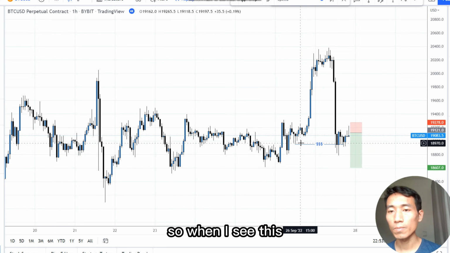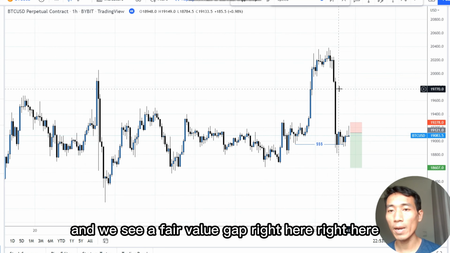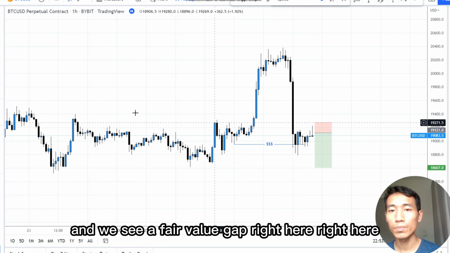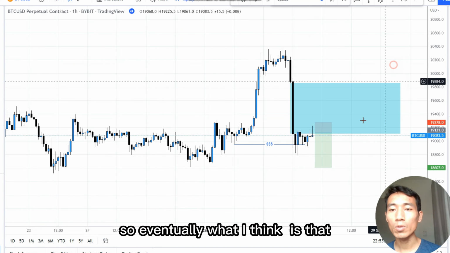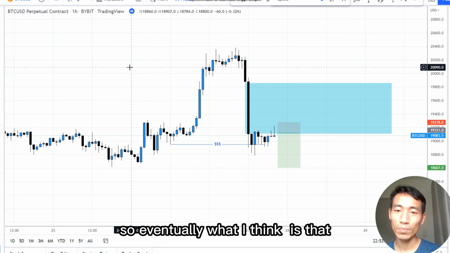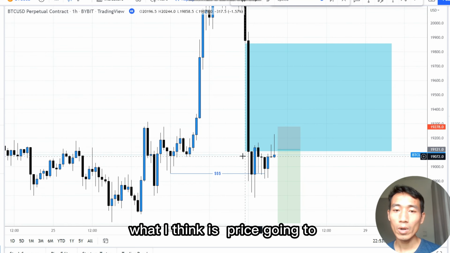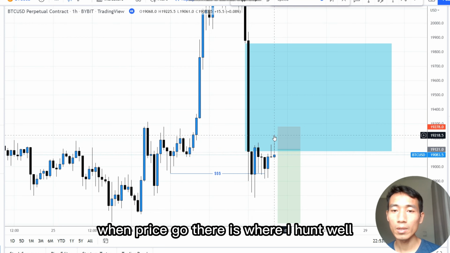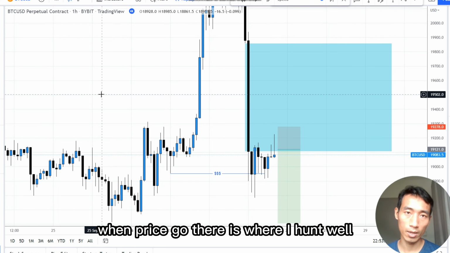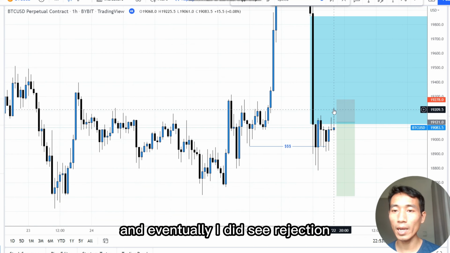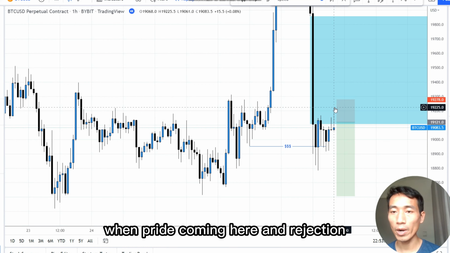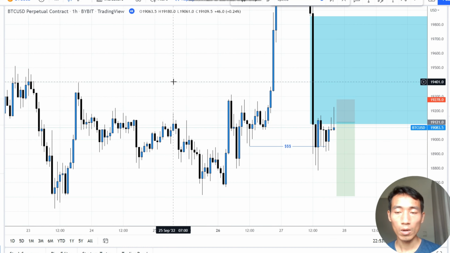So when I see this, and we see a failure gap right here, a huge gap right here, eventually what I think is, when price goes there, is where I hunt, where I want to see some kind of rejection, and eventually I did see rejection when price came here.